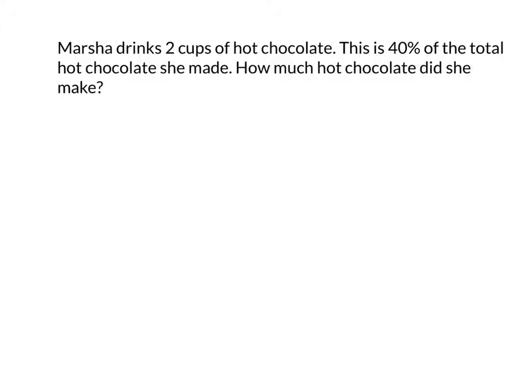Here is another example. Marcia drinks 2 cups of hot chocolate. This is 40% of the total hot chocolate she made. How much hot chocolate did she make? We're going to do the same procedure where we fill in the blanks. Notice how every time I'm working with percents, I fill in these blanks here.